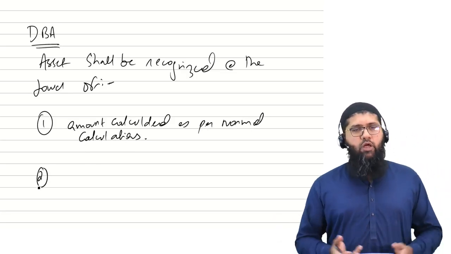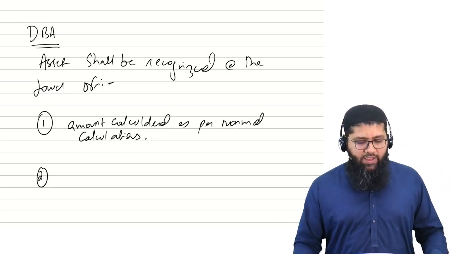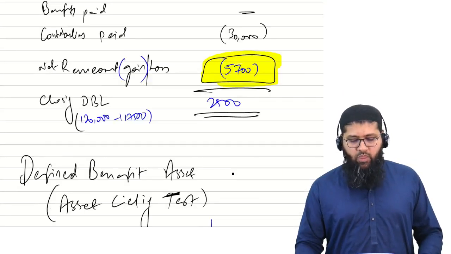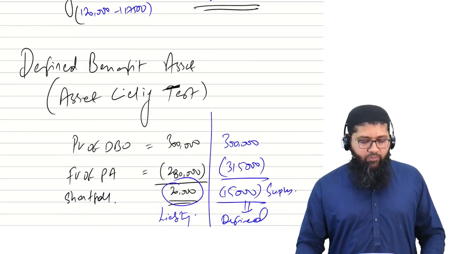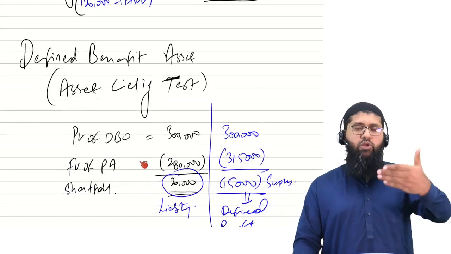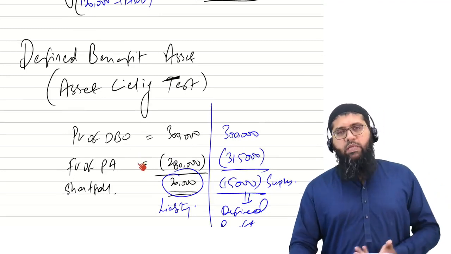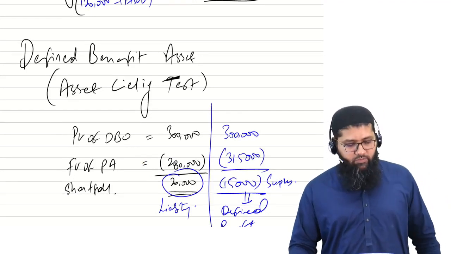So the way you do the normal calculations, what are those normal calculations? This is a normal calculation. You compare the obligations with the plan assets. This is the normal calculation.